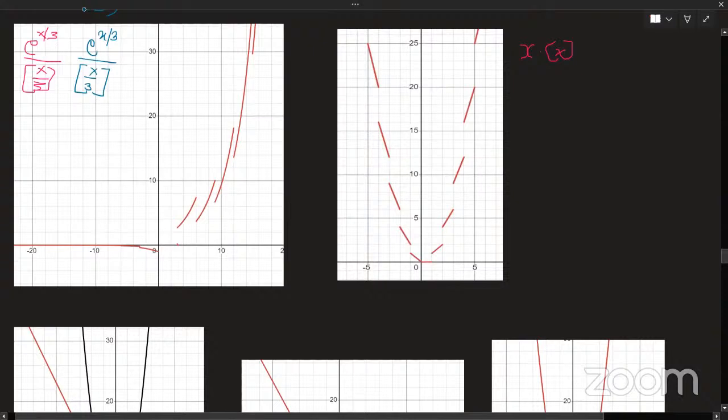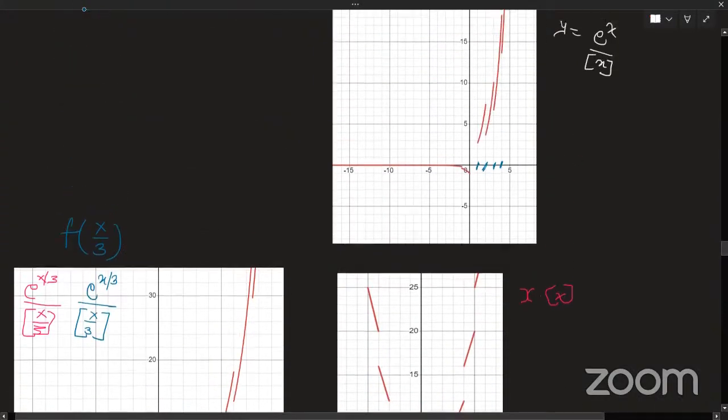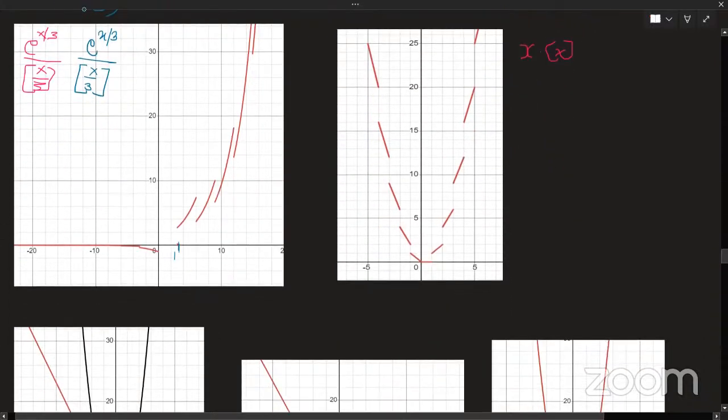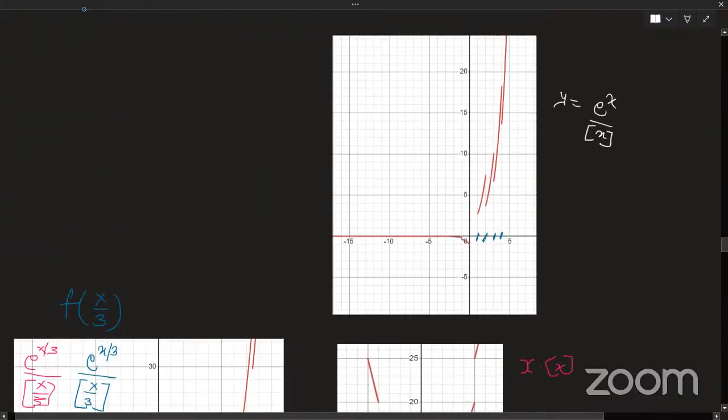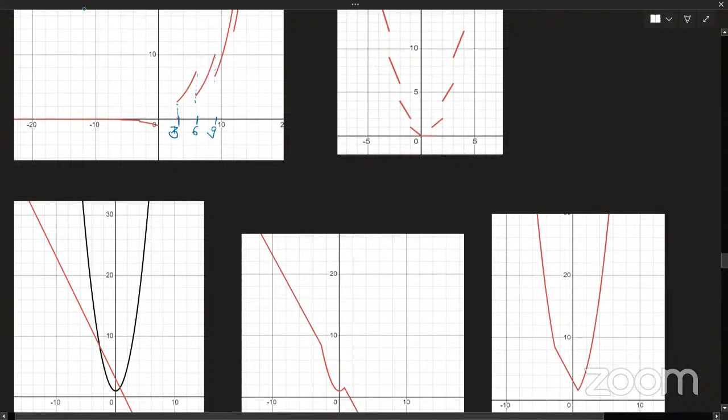Earlier this break was at 1, now it will be 3. The second break will be 6. Similarly, my third break will be 9. So you can see the same thing is happening as earlier, but in the x direction it has expanded, right?